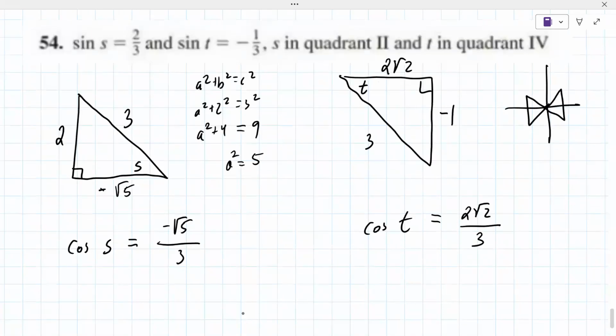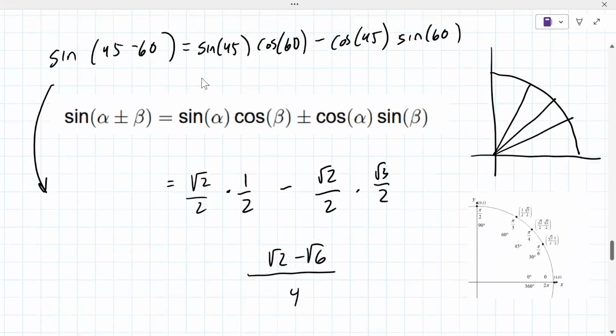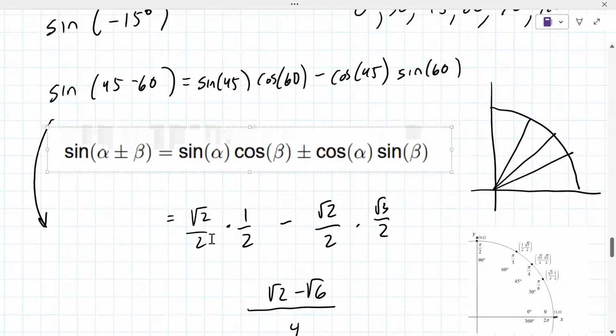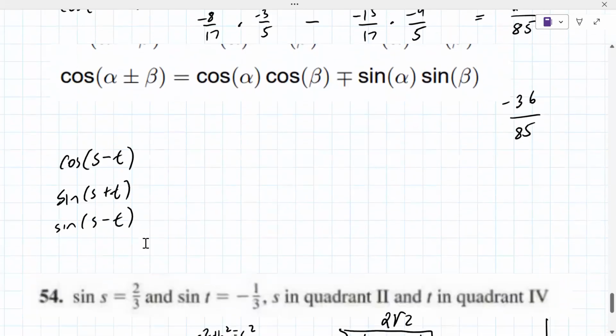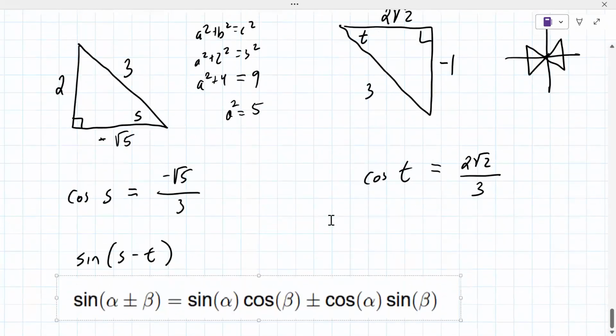This time, let's have you do sine of S minus T. And I'm going to go grab the formula because I don't remember, but just get some practice. And if we have time here, we should do a tangent one, although maybe you may not have been doing tangents in class.